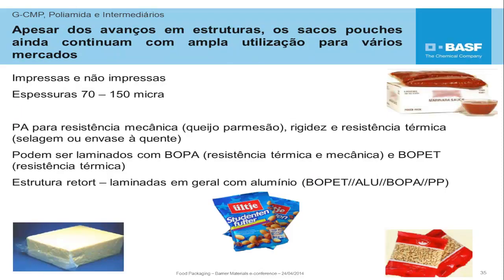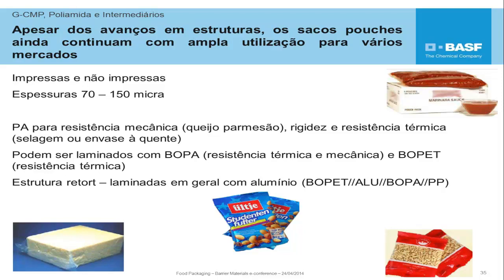Slide 35. There are many interesting types of packages, which we have reviewed here: packaging in modified atmosphere, breathable packaging, etc. But traditional containers such as pouches are also still effective: flexible bags in thicknesses of 70 to 150 microns on each side of the packing, printed and non-printed.